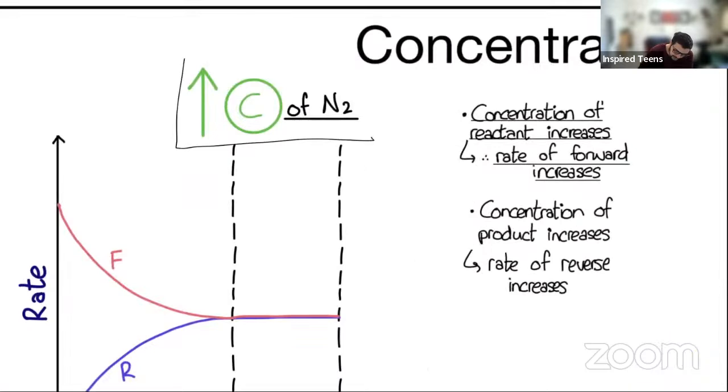Whichever one there was an increase in concentration of, that rate is the only one that increases immediately. In this case, the increase in concentration of N2 favored the forward reaction. Therefore, the rate of the forward increases. You'll see that these concentration versus time graphs are easy to identify. You'll see why in a bit.